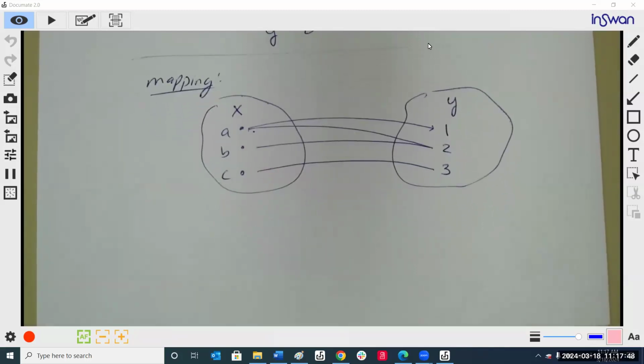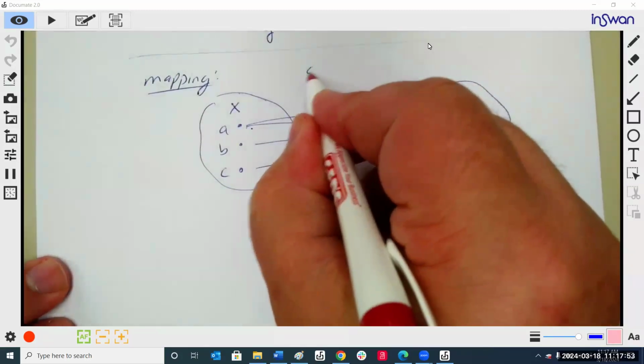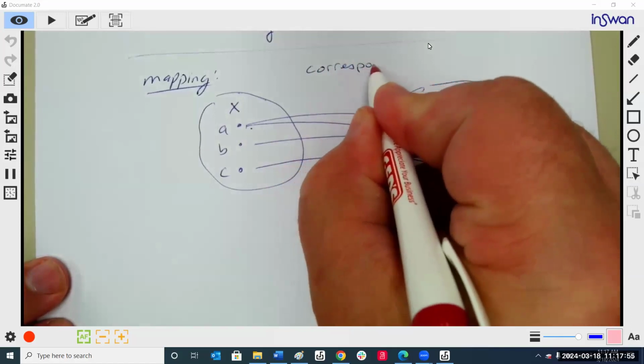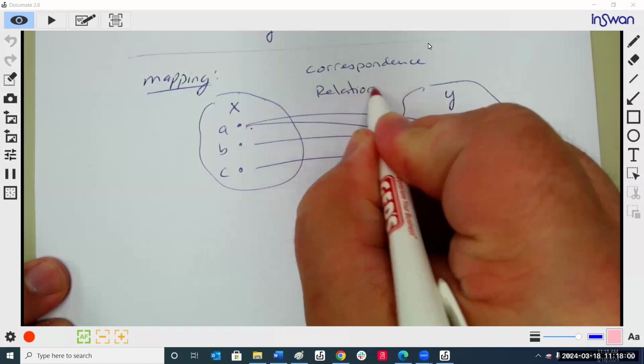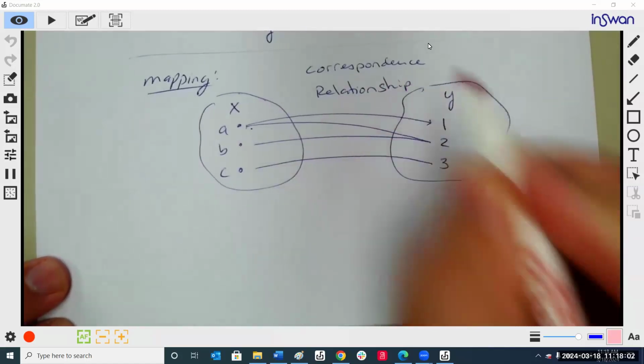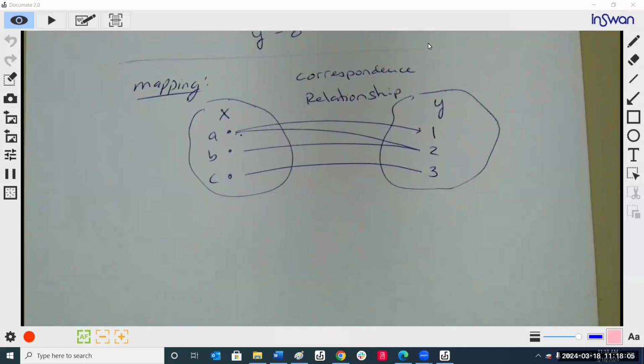And we call those relationships. We talked about this earlier in the semester: correspondence and a relationship. Ever hear those words? Correspondence is what we used to describe when people sent out mail or letters to each other. If I sent out a letter to you, could I send the same letter to somebody else?